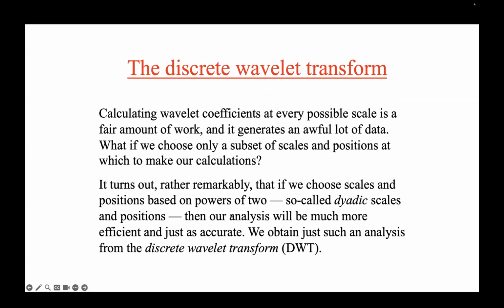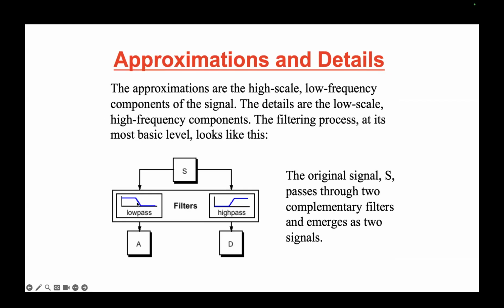Dyadic scale, powers of 2. This is half basically. So this goes from 0 to Fs by 2, and this is Fs by 4. So you have two components.